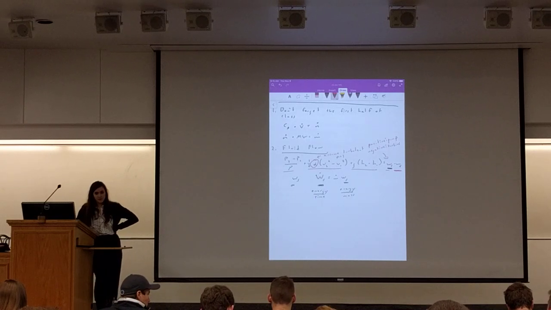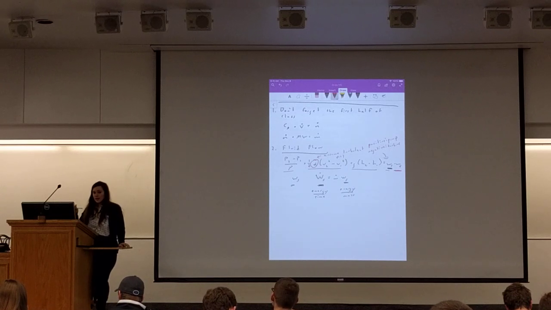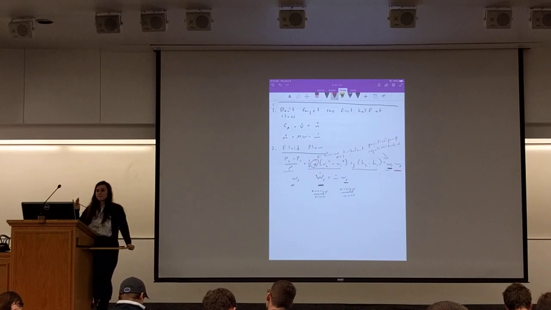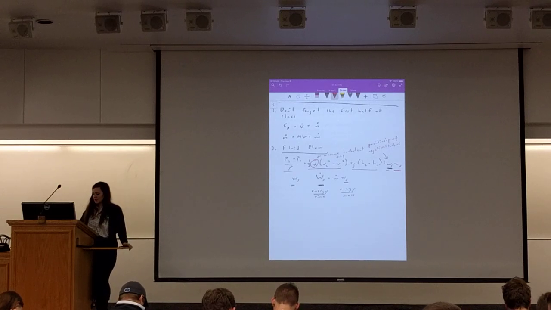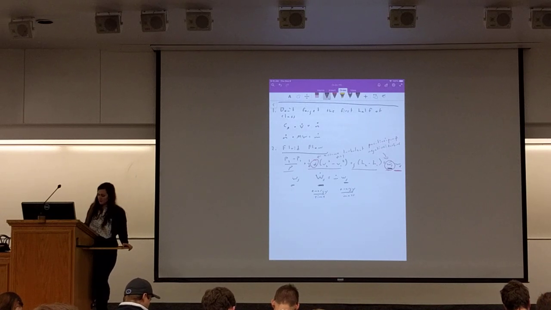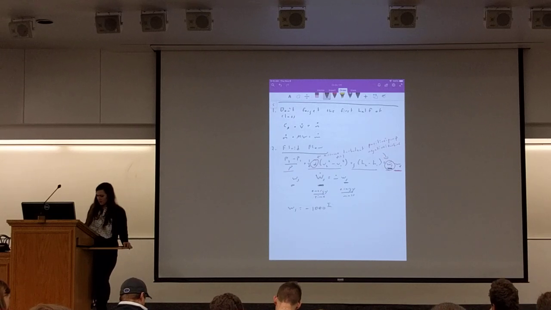WS is the shaft work. If it's a turbine, it depends on what's happening. Let's say I give you the setup and everything except for WS, and it's a turbine, and you solve for WS, the answer you get should be negative. It should be a negative whatever. But the symbol stays positive.